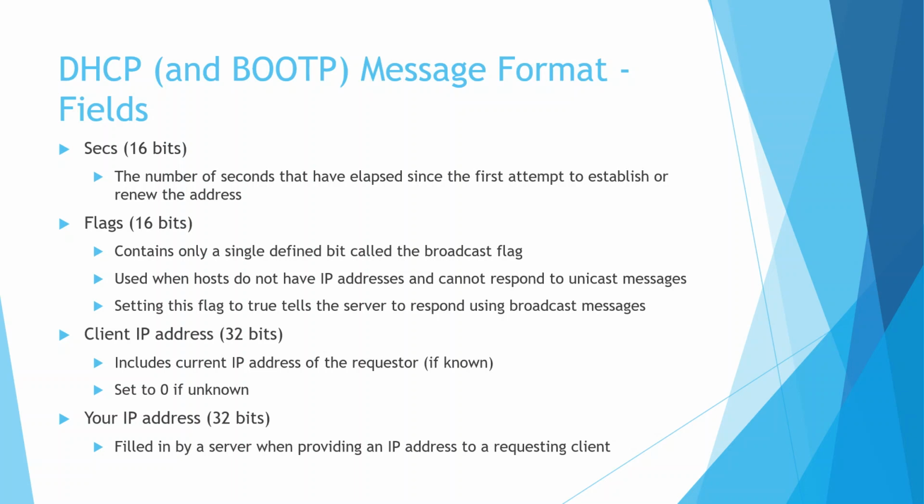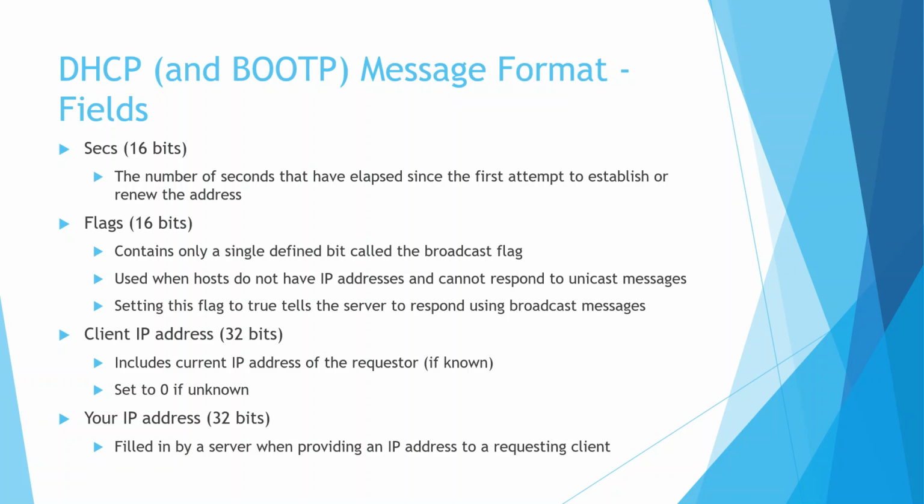Then we have our various flags, which is going to be 16 bits as well. That's going to contain a single bit called the broadcast flag. We can take a look at the flags a little bit more in the actual header coming up. But basically, we use this broadcast flag when hosts don't have an IP address and they can't respond to unicast messages.